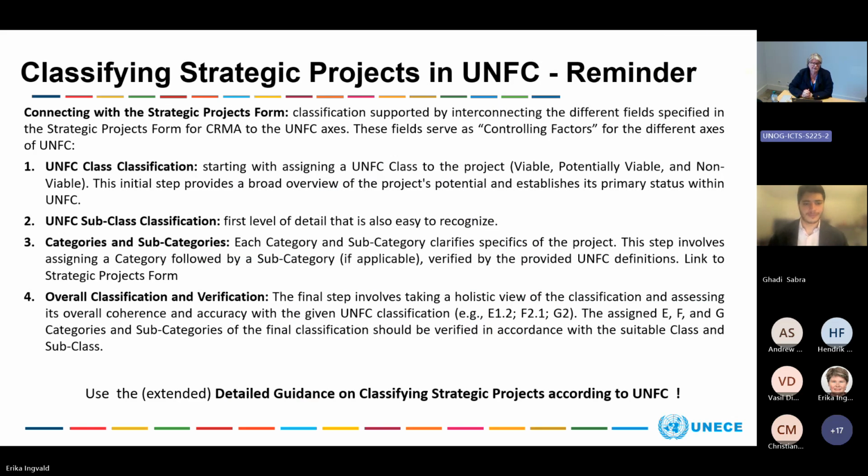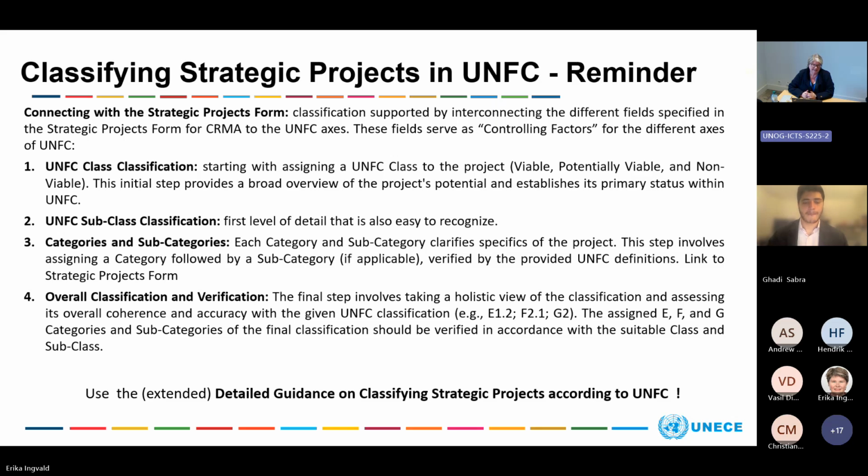So just to summarize, you do the classification on the different axes, you put it together, and you get a total classification for your project. You start with assigning a class to it, hopefully for your sake viable or potentially viable, which would put you in a place where you jump into the process at an optimal time.